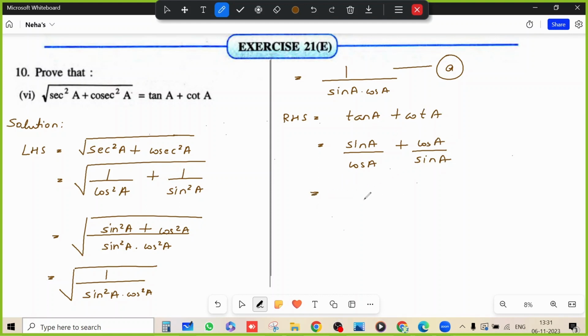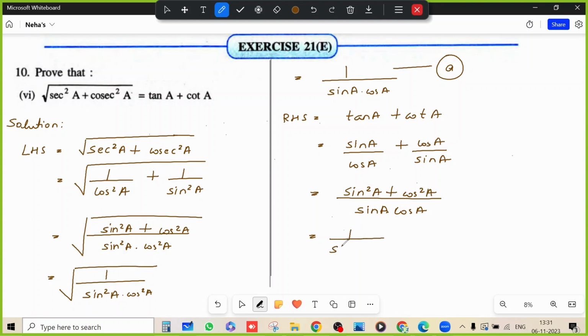Now we will find out the LCM. So the denominator will become sin A into cos A, and the numerator will become sin square A plus cos square A. Now we know that by the trigonometric identity sin square theta plus cos square theta is equal to 1. The numerator here is also equal to 1.